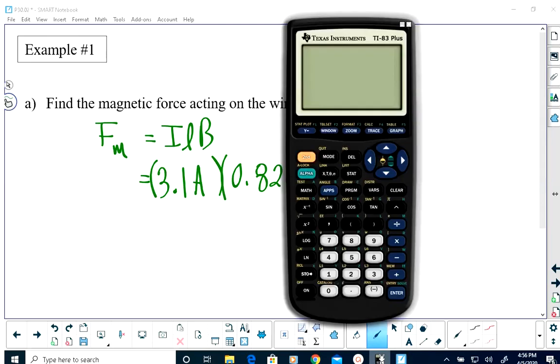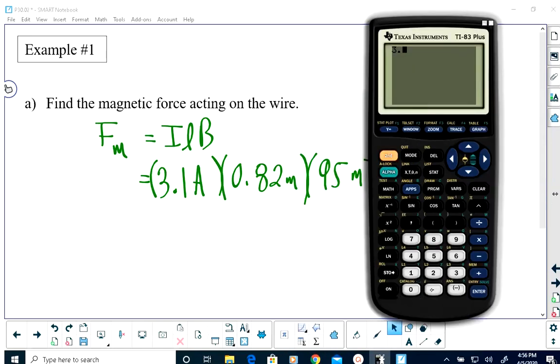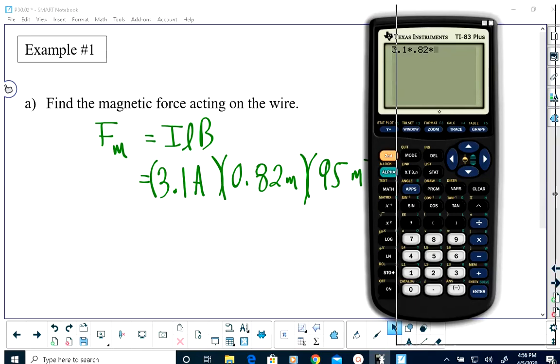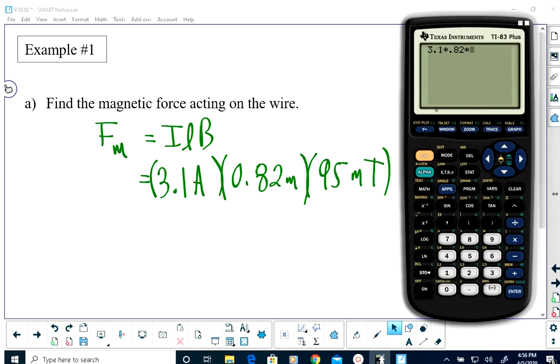So just grab a calculator and see what we get. I wrote 95 millitesla. That means I have to actually go 95 times 10 to the negative 3.